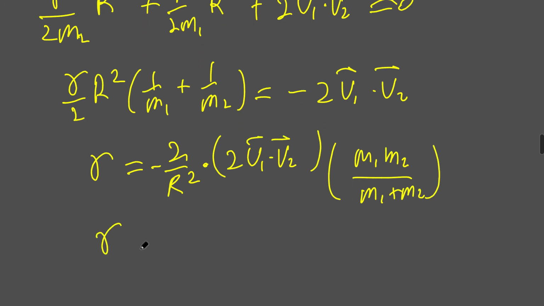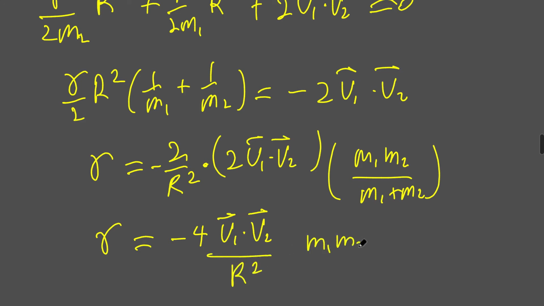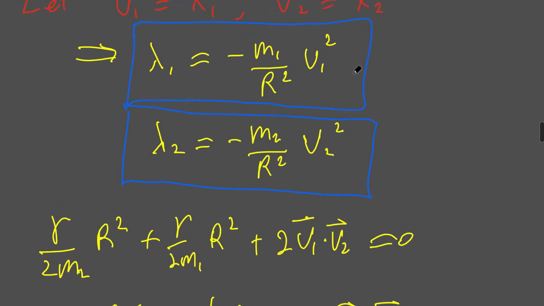So just simplifying that a bit, that's minus 4 v1 dot v2 divided by r squared times m1 m2 over m1 plus m2. So now we have explicit results for our Lagrange multipliers, gamma, lambda 1, and lambda 2.